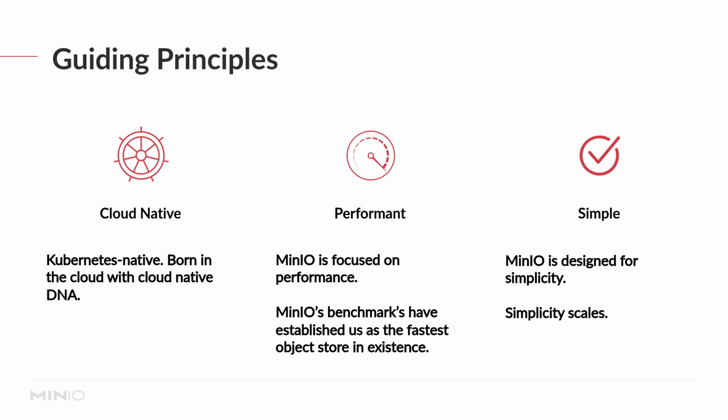From the very beginning, MinIO was designed to be cloud native, high performance, and simple. I think simplicity is something that is often overlooked. When you're building things at cloud scale, it is really important that all of your building blocks be as simple as they can possibly be, to increase operational efficiency.